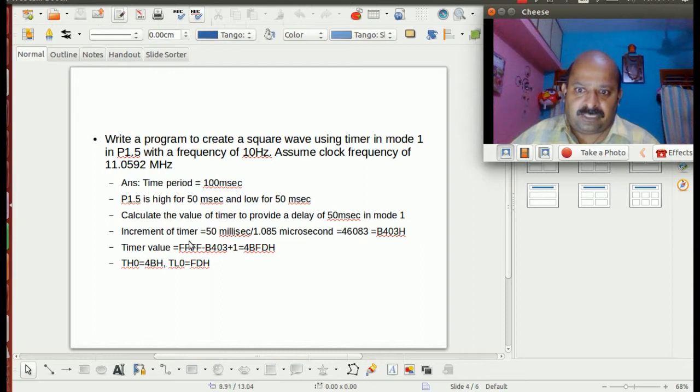So, computing that, the timer value will be FFFF minus B403 plus 1. So, that gives us a value of 4BFD. So, TH0 should be loaded with 4B and TL0 should be loaded with FD.